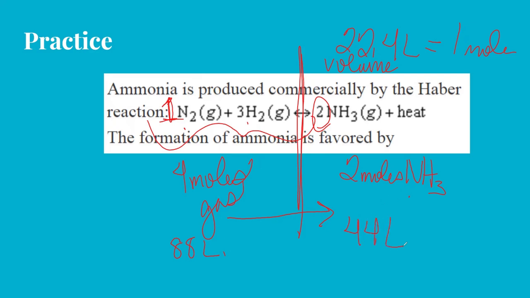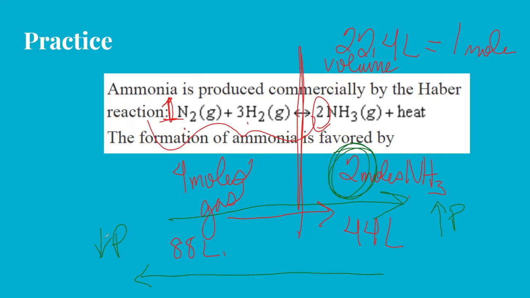So if I squish this gas, if I put it under pressure, it will have less room, and the reaction will shift in the direction of taking up less space. If I want this reaction to shift forward, I have to increase the pressure. But if I want it to shift backwards, I would decrease the pressure. Then we could go back to making 4 moles of gas because we have more room. So that favors the reverse reaction if you decrease the pressure.